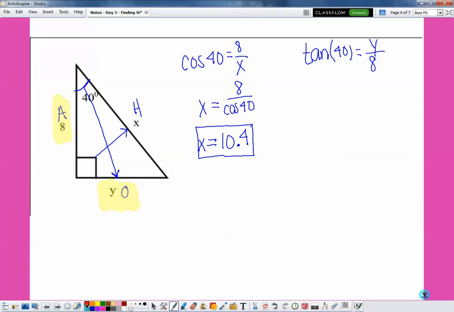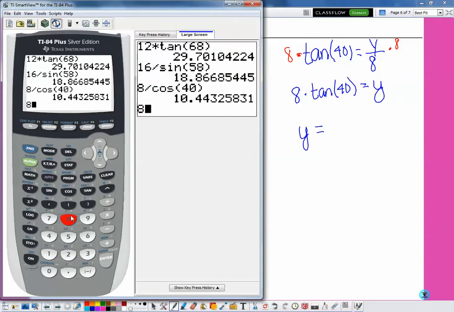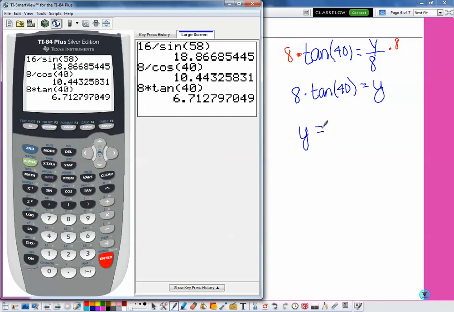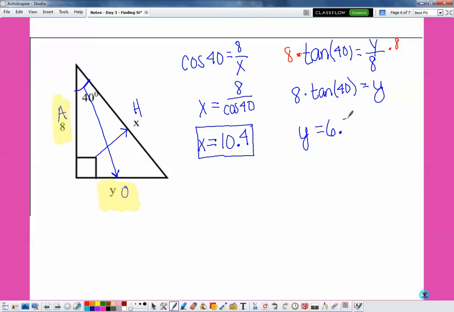To get the 8 out of the denominator, we're going to multiply it on both sides. 8 times tangent of 40 equals y. So y equals 8 times the tangent of 40. We get 6.7.